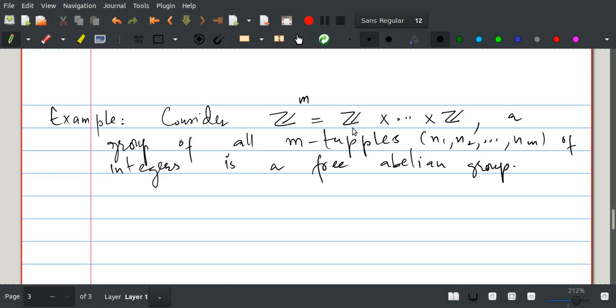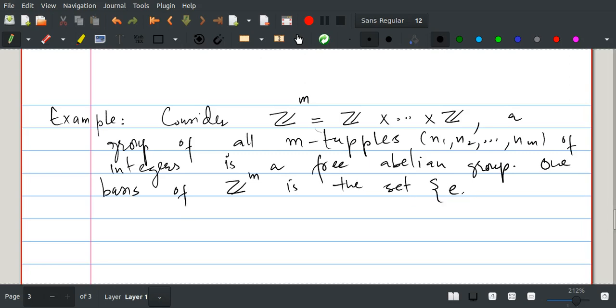Because each Z is an infinite cyclic group. So here the basis of this free abelian group, let us mention here, the basis of Z^m is a set, say e_i, where i runs from 1 to m.